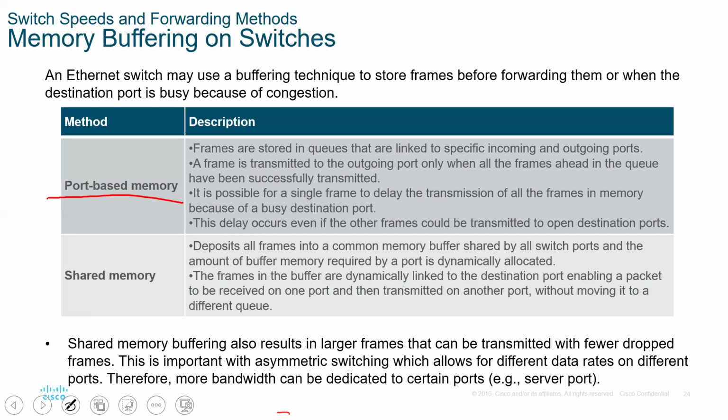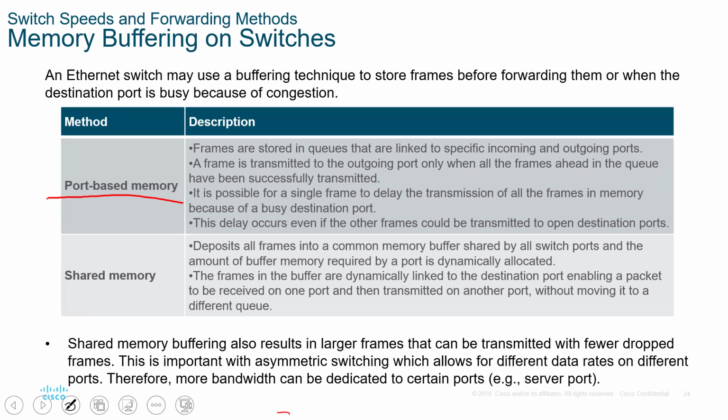A frame is transmitted to an outgoing port only when all the frames ahead in the queue have been successfully transmitted. Sometimes it is even possible for a single frame to delay the transmission of all the frames in memory because of a busy destination port. So the concept here is that there is memory in the port.